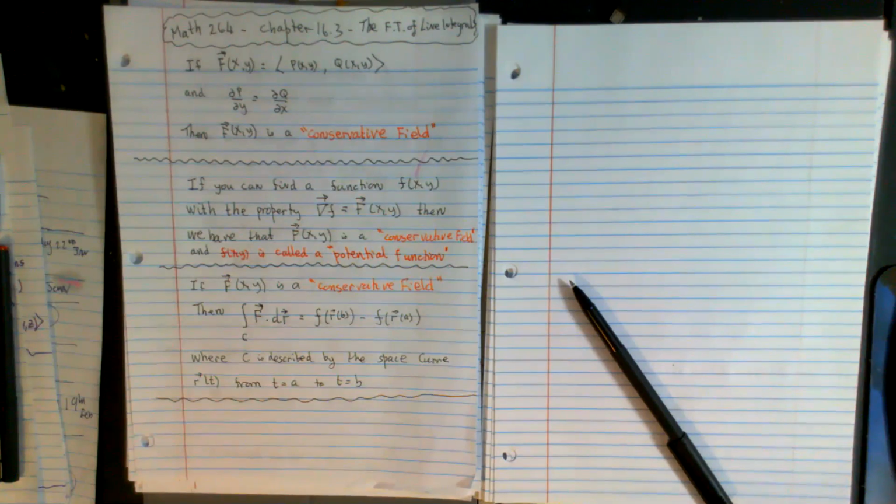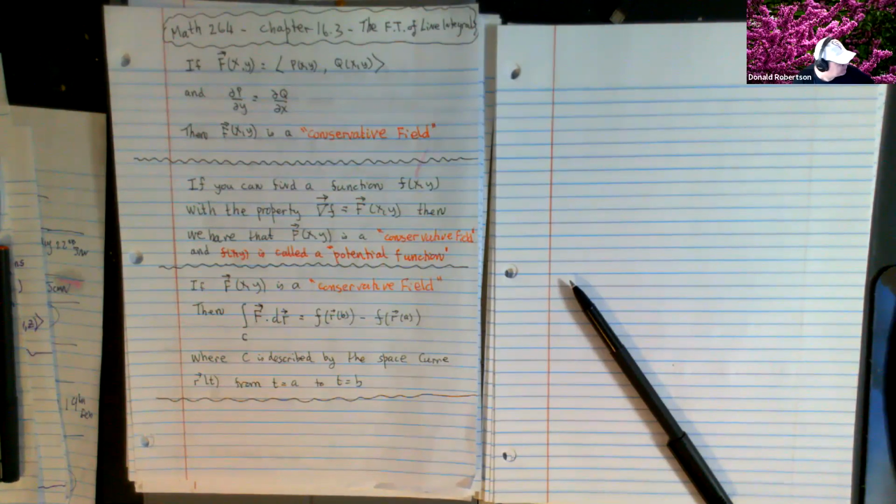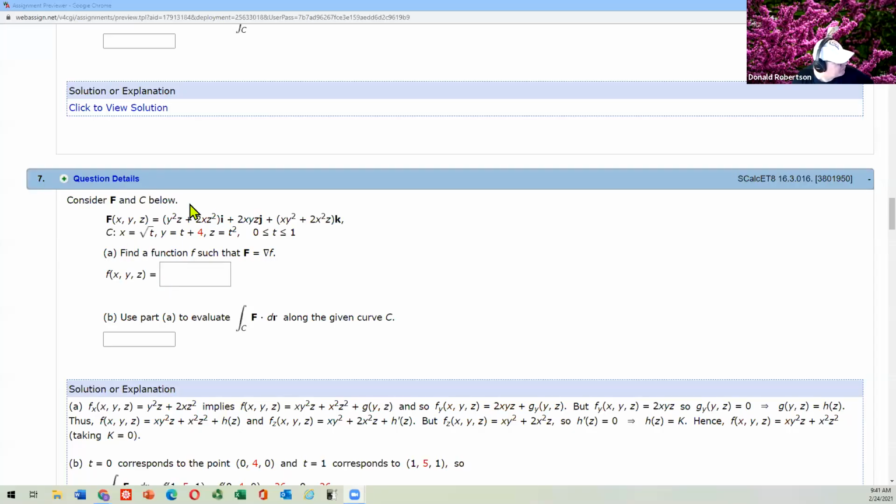So then I have a question on the homework, like number 7. Does it say to find the work done? Let me show you what that question looked like. In that way, you can see it in all its glory. Consider this function. Here is f. Here is your curve.